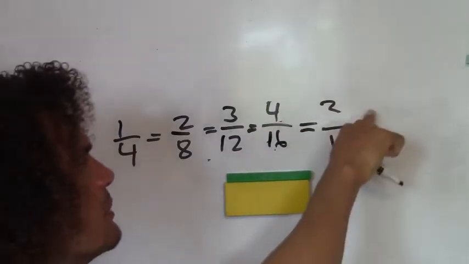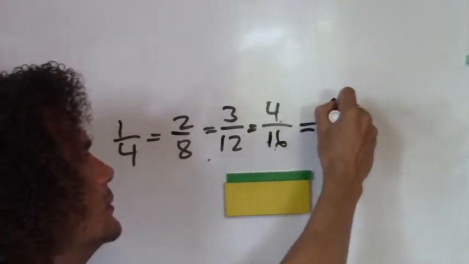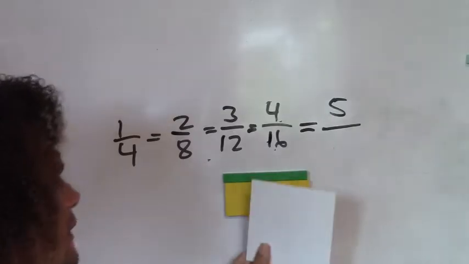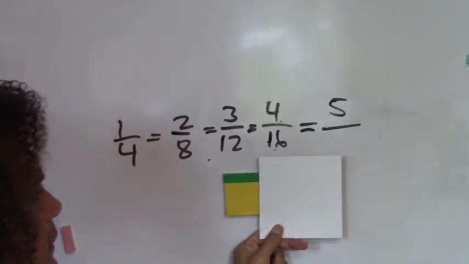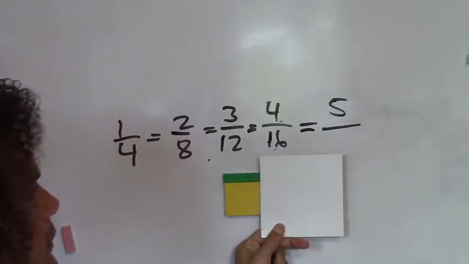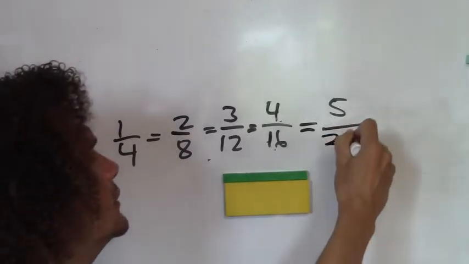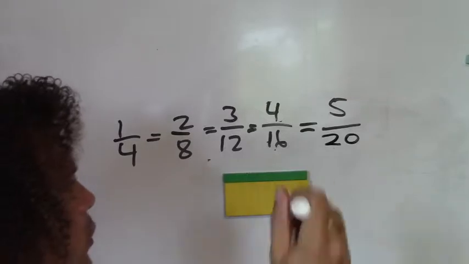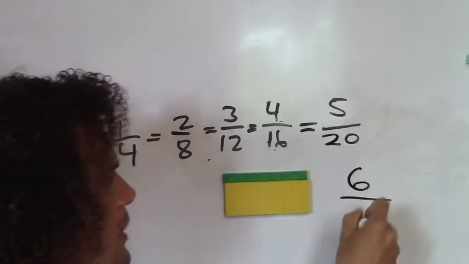What's the next one going to be? 5 to what? 5 to 20. There you go. Alright, so let's get nuts. What if it was 6? What does the bottom have to be?